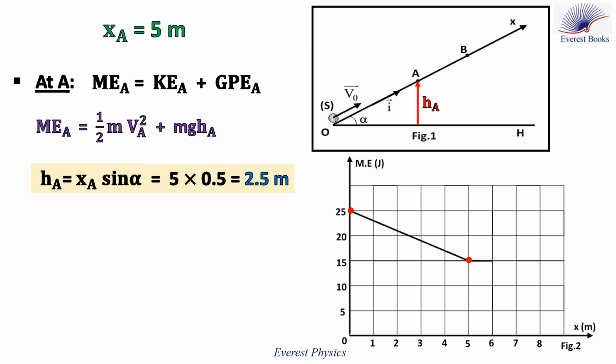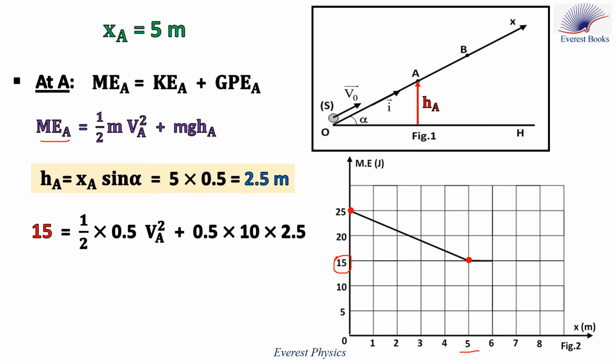Look at figure 2. For x equals 5 meters, the mechanical energy equals 15 joules. So replace MEA by 15, m by 0.5, g by 10, and hA by 2.5. Therefore, the speed of S at point A equals 3.16 meters per second.